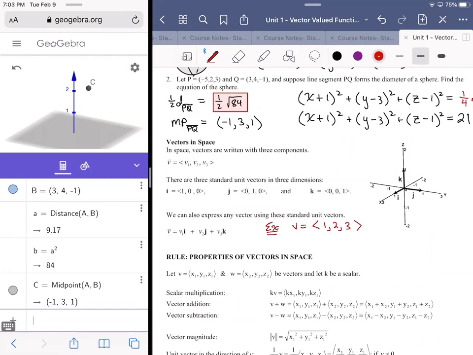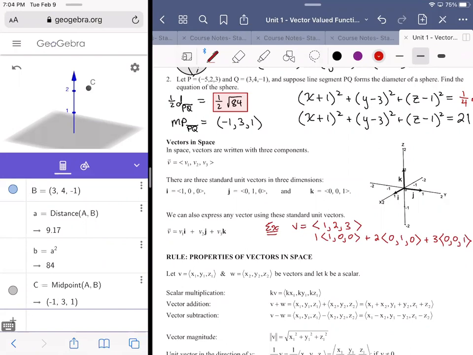We could look at that as the sum of, well, it's really a linear combination, but the sum of scalars multiplied by vectors. We'd have 1 multiplied by 1, 0, 0 plus 2 multiplied by 0, 1, 0 plus 3 multiplied by 0, 0, 1.